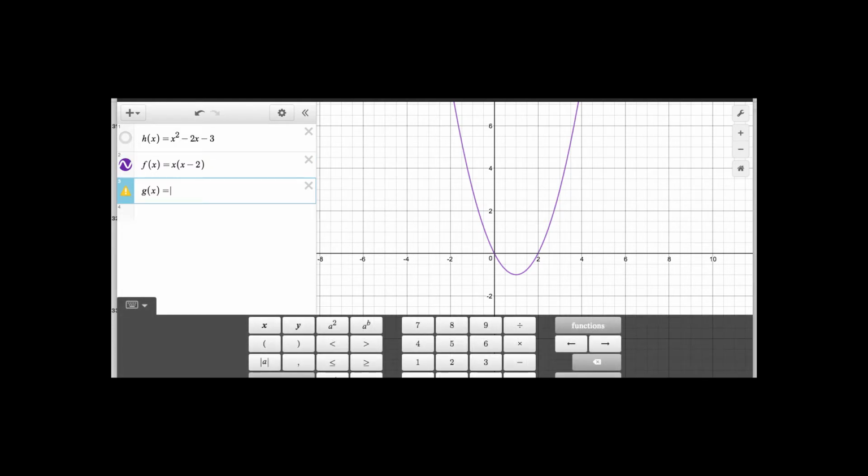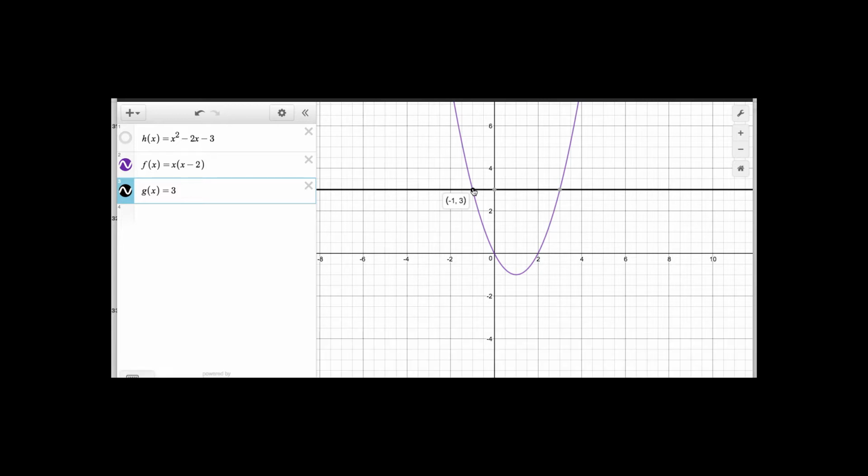And when I plug in 3, notice where these things cross. Again, I'm just looking at the x coordinates here. They cross at -1, and they also cross at 3.